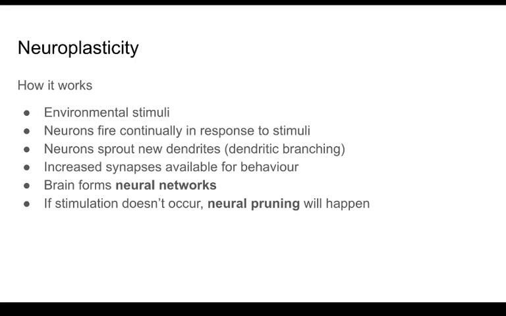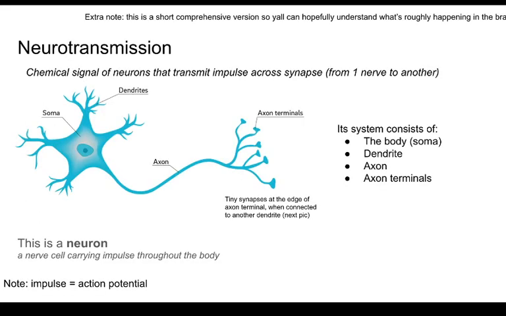And if this stimulation doesn't occur, then the neural pruning would happen. If you guys don't really understand what's going on, I'm going to explain about neurons and their synapses in more detail in the next topic, which is about neurotransmission.